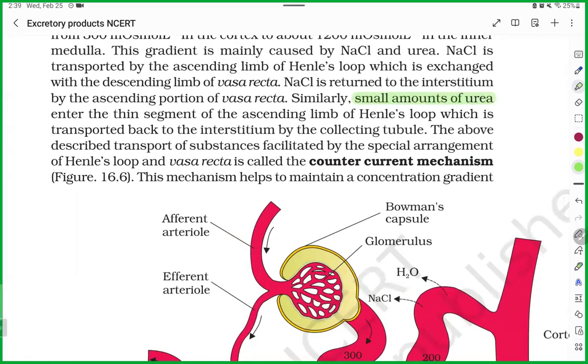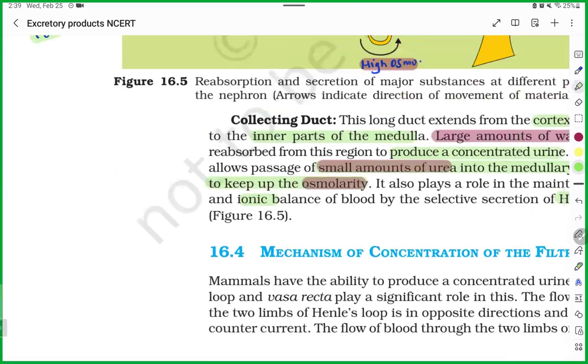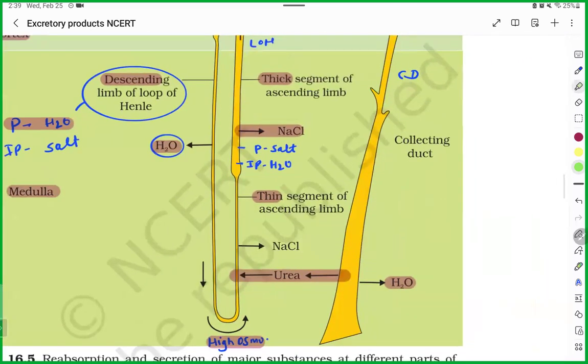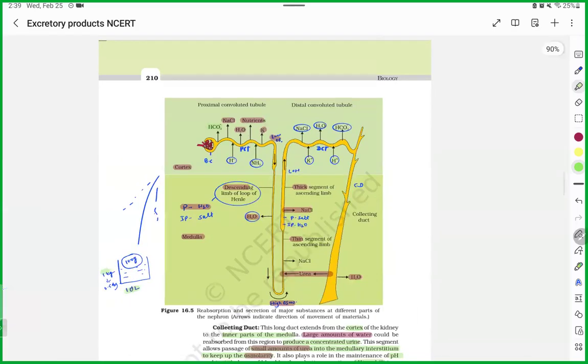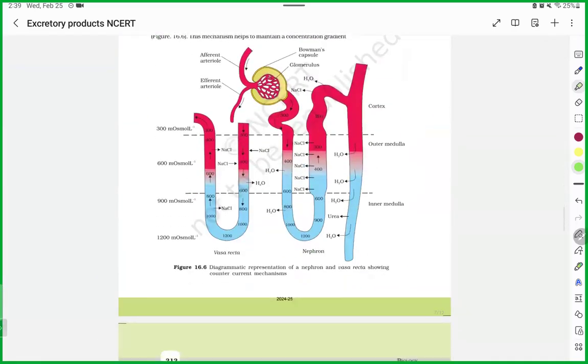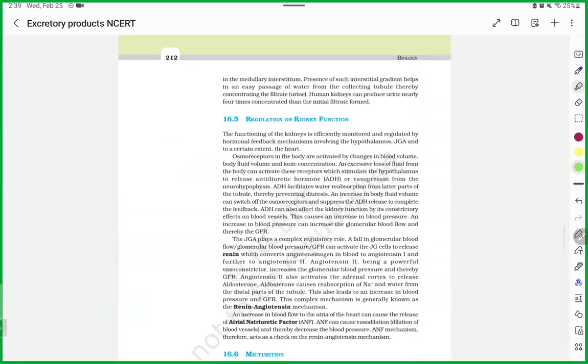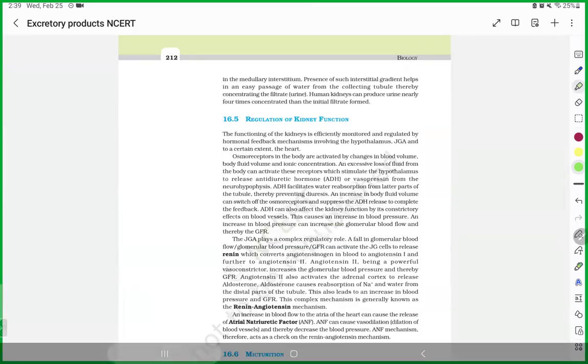A small amount of urea enters into the thin segment of the ascending limb of the loop of Henle, which is transported back to the collecting duct. What I mentioned and what is given in the diagram. The small amount of urea will enter into the thin segment of the ascending limb. Again, it will go back to the collecting duct. Again, it will come. Why is it coming back and having the same cycle? To maintain osmotic balance. It should not be 100% clean. Small part, so it keeps on maintaining the concentration.